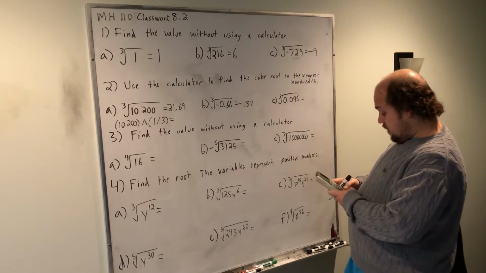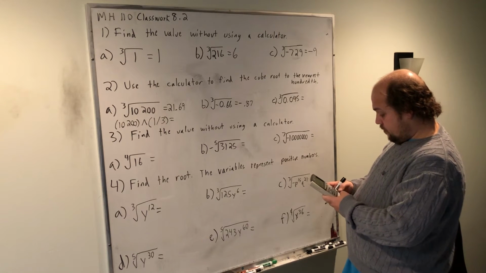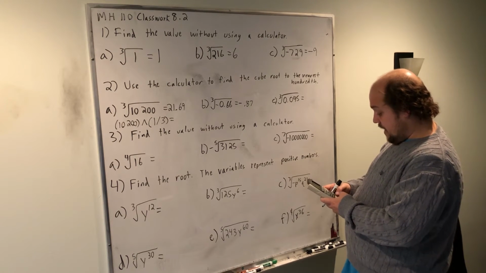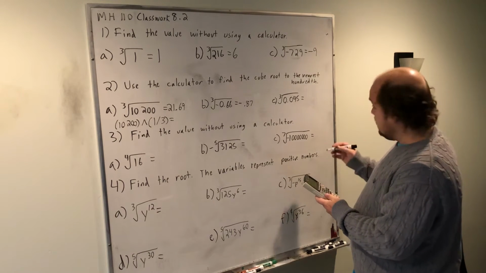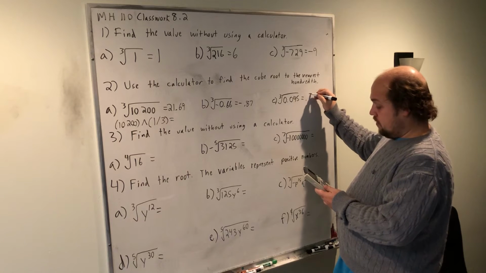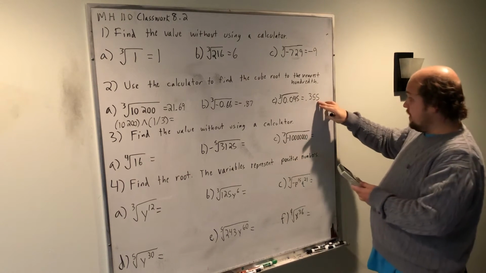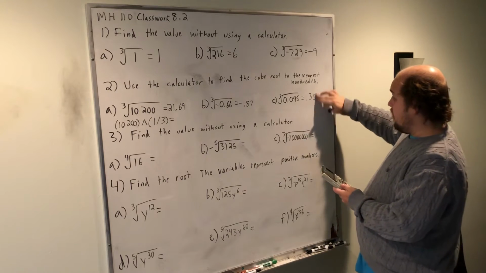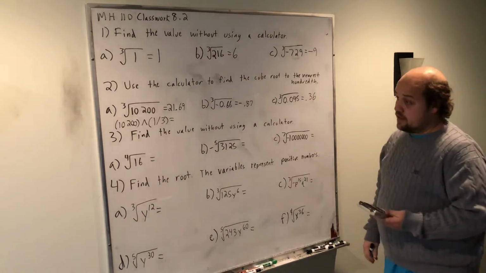When I try the final one, 0.045 in parentheses to the power of parentheses 1 divided by 3 in parentheses, I get an answer of 0.355. When I go to drop this 5, it tells me to round up that 5, so it becomes a 0.36 to the nearest hundredth.